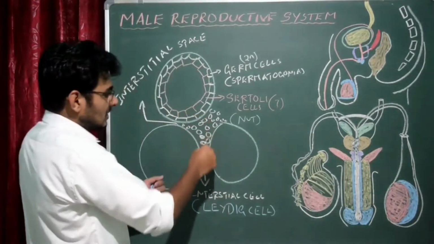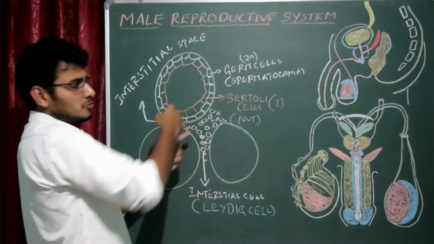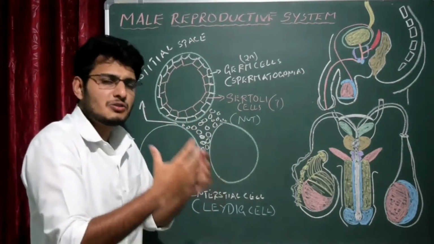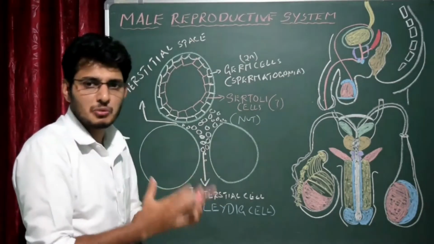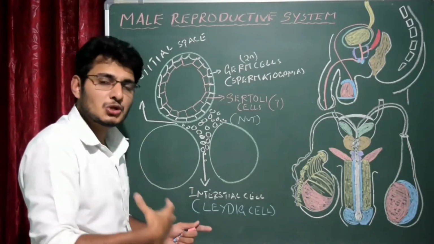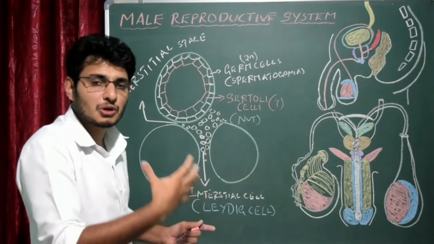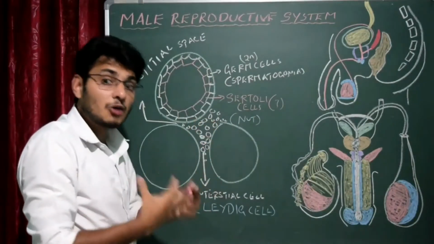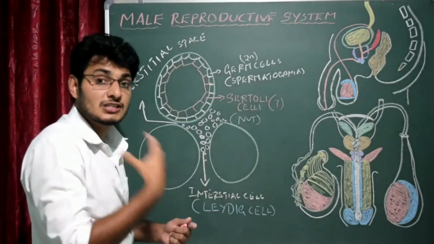The function is, it is very important for spermatogenesis. A hormone is very important for spermatogenesis. That hormone is called androgen. It is also called testicular hormone, because everything is present within the testis, right? Obviously a hormone which is present within the testis is called testicular hormone.